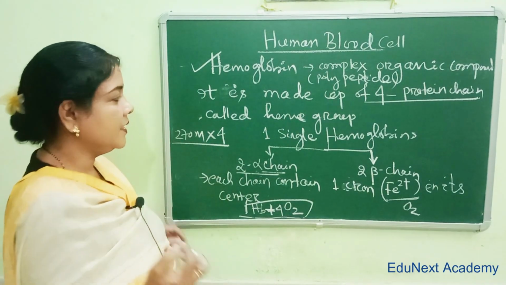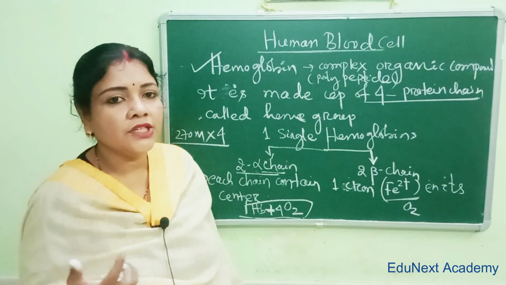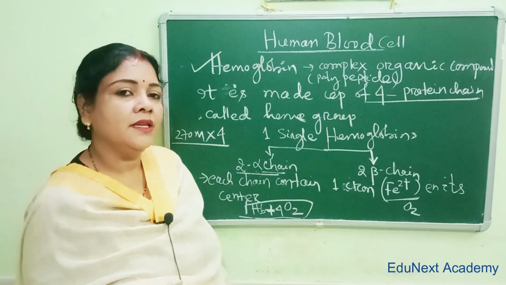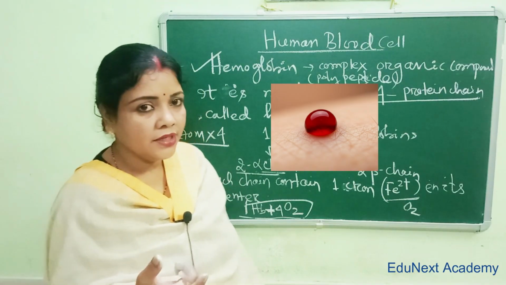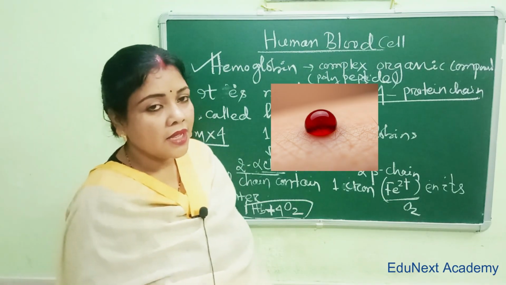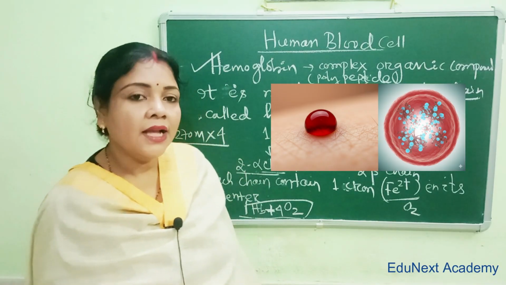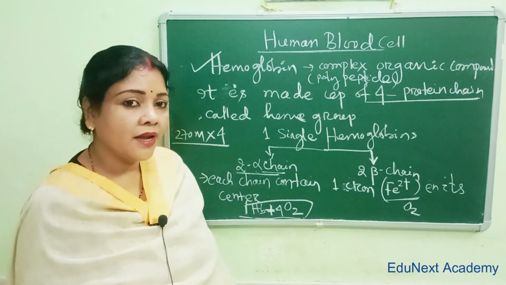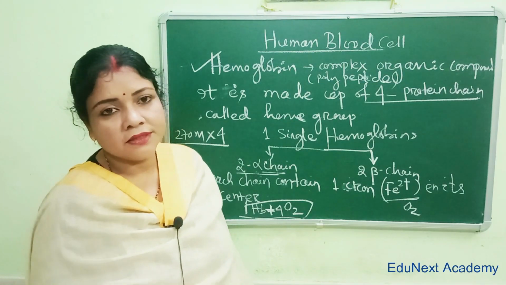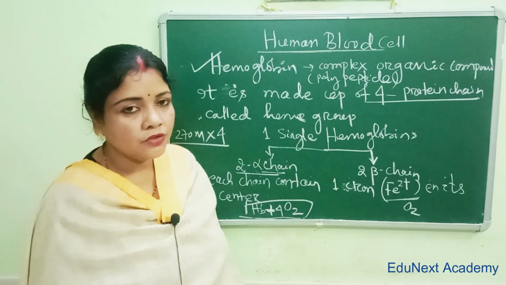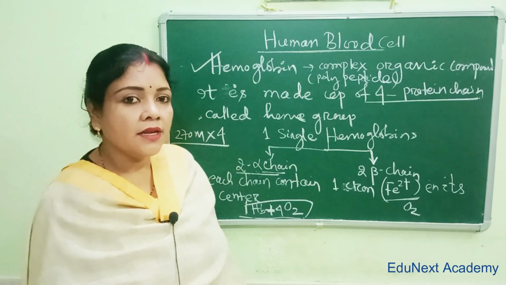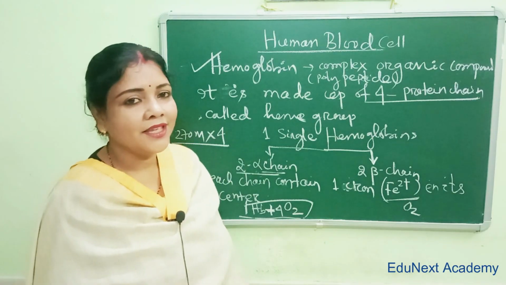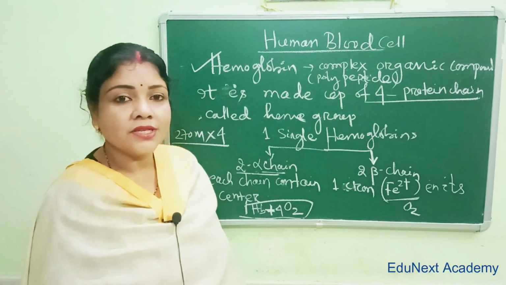You can count how many oxygen molecules a single RBC can carry, and similarly how much oxygen a single drop of blood can carry. As a whole, the human body contains 5 to 6 liters of blood. You can consider how much oxygen the blood volume inside a healthy human being can carry. That's why it is known as nature's oxygen rocket.